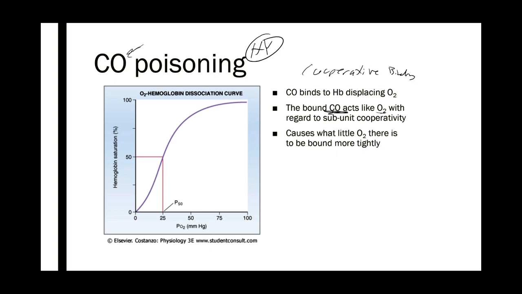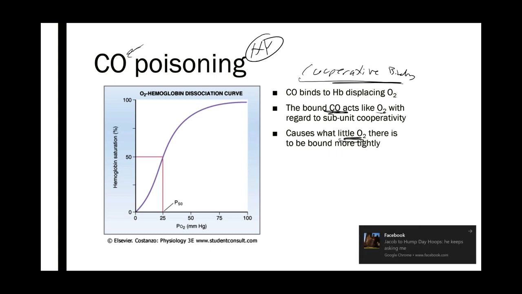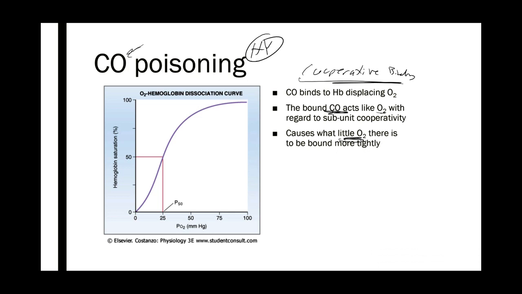So this is a bad thing in cooperative binding in this case, because if it recognizes it as oxygen, it's going to hold on to whatever oxygen is there more tightly, and that's a bad thing, obviously.